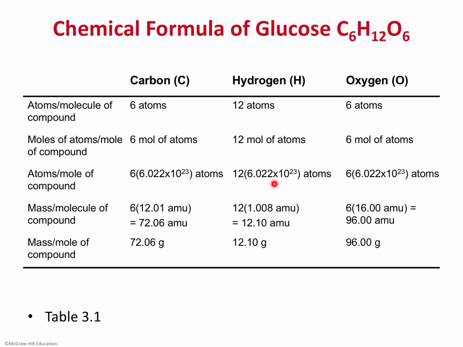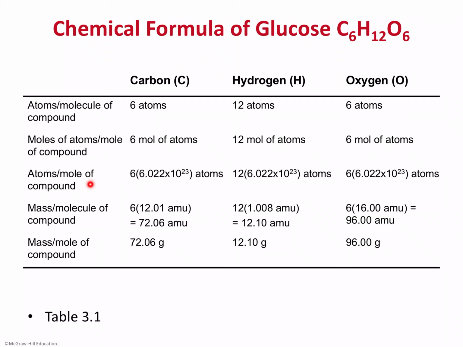Similarly, for hydrogen, there are 12 hydrogens, so the number of atoms per mole of compound would be 12 times the Avogadro number of hydrogen atoms. And for oxygen, there are 6 oxygens, so 6 times the Avogadro number of oxygen atoms per 1 mole of the compound.